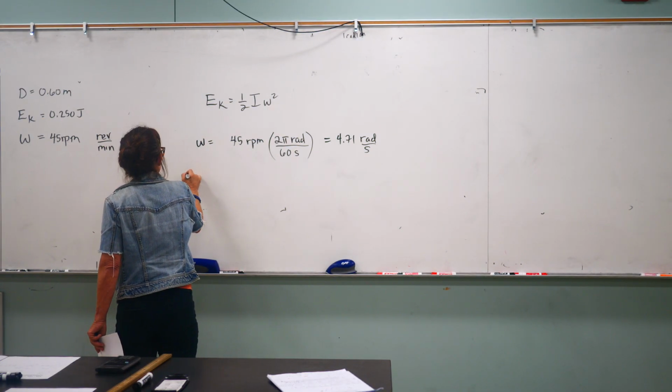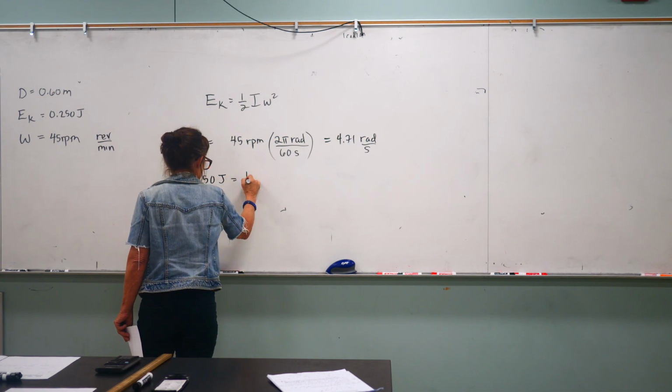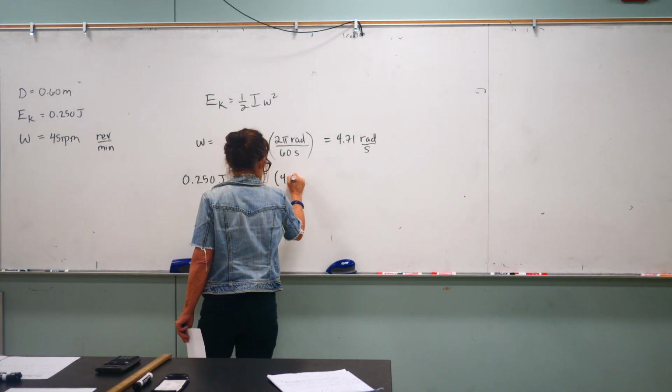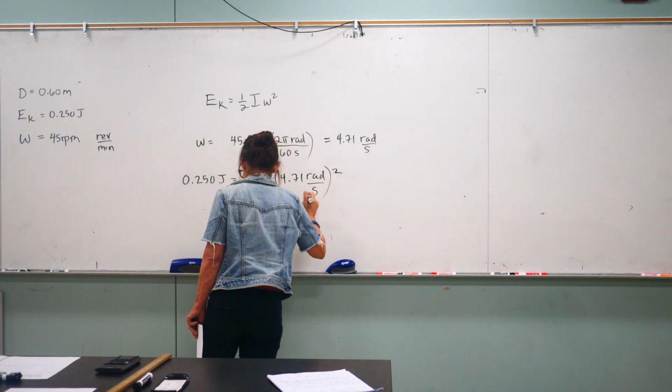Now we have 0.250 joules equals 1/2 I times 4.71 radians per second, quantity squared.